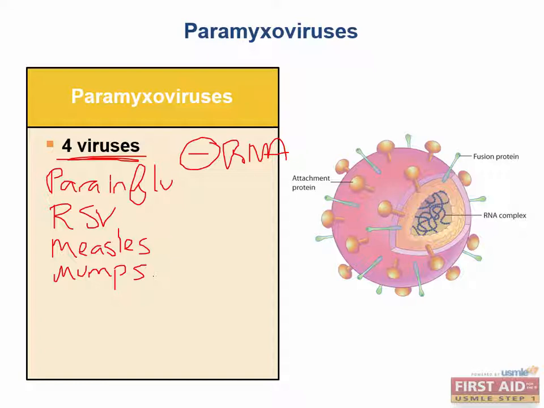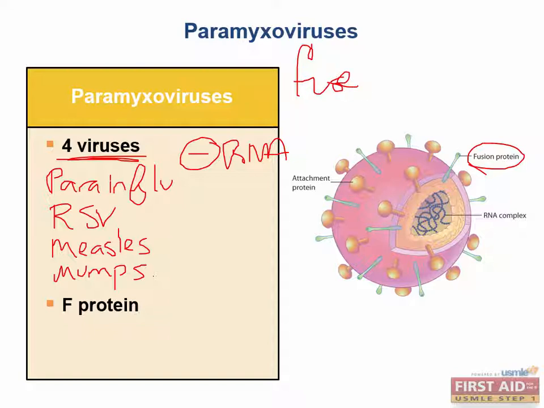Before we talk about each of them individually, there are a few important concepts shared by all the paramyxoviruses. All of the viruses contain a surface F or fusion protein. This is a key infectious protein that not only assists in infection, but causes infected respiratory epithelial cells to fuse and form multinucleated cells.